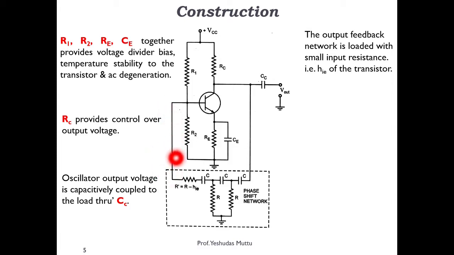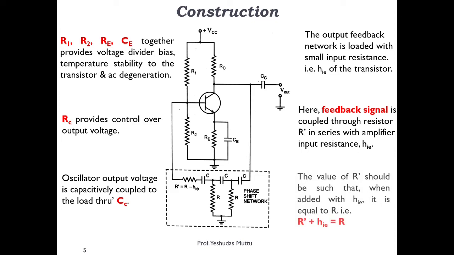If it appears in series, it will be added to R minus hie, so the resultant you get is just R. I hope this is clear to you all. So your R should be selected in such a way that it is R dash plus hie.